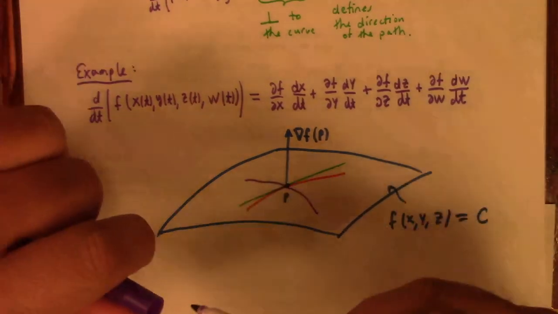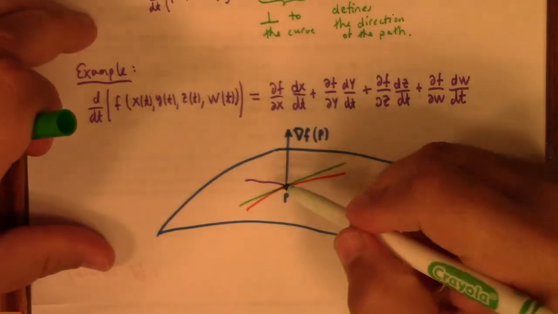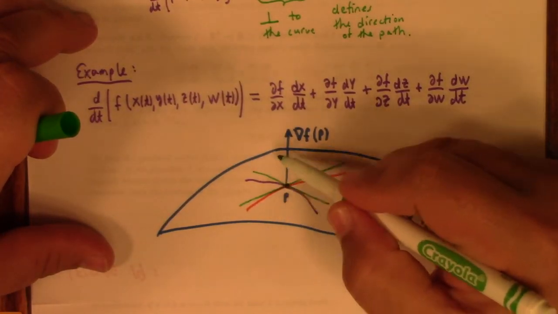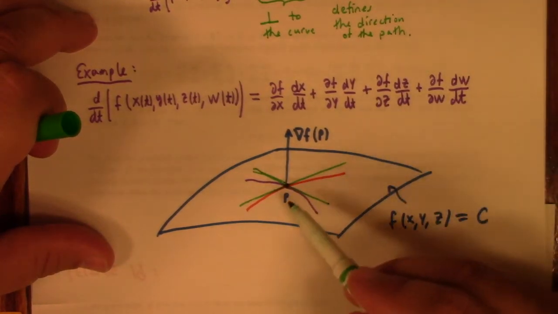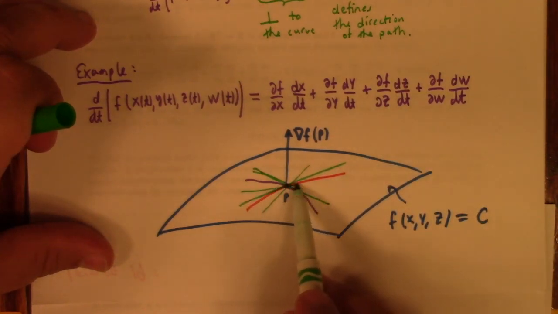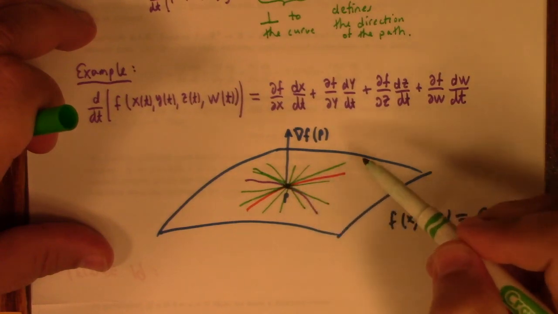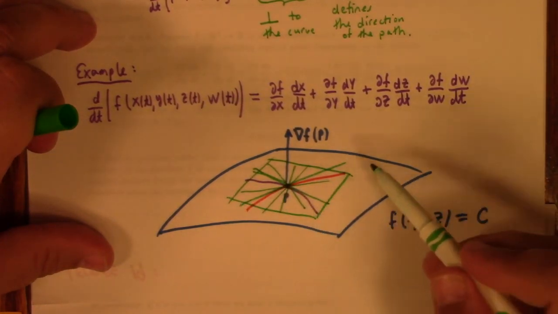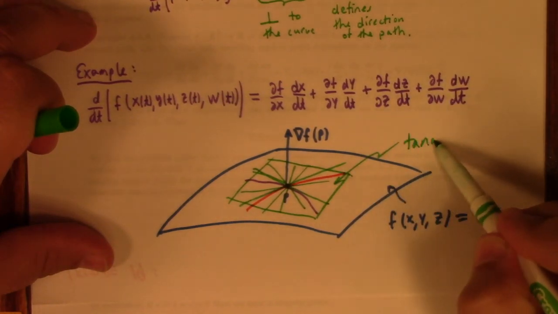That path also will have a velocity vector, which is perpendicular to the normal. If you keep doing that and think about all possible tangent lines through the point, then the union of those is going to eventually fill out a plane which possibly lifts off the surface, called the tangent plane.